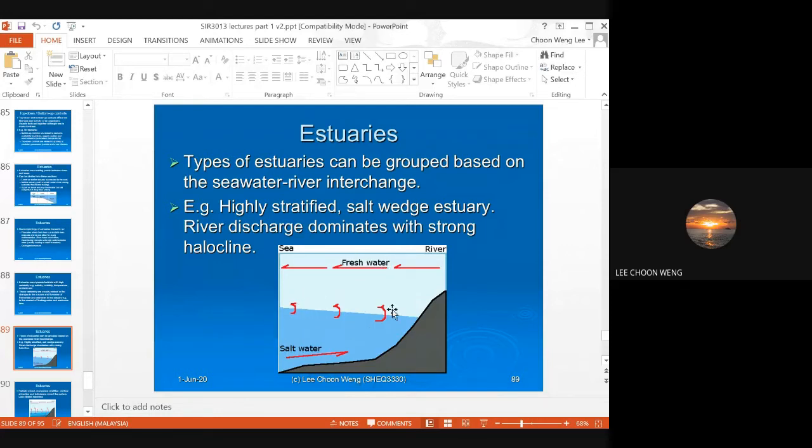There is a little bit of diffusion here, but it doesn't mix well. So there is a strong halocline here. This is the first type of estuary, the highly stratified salt-rich estuary.